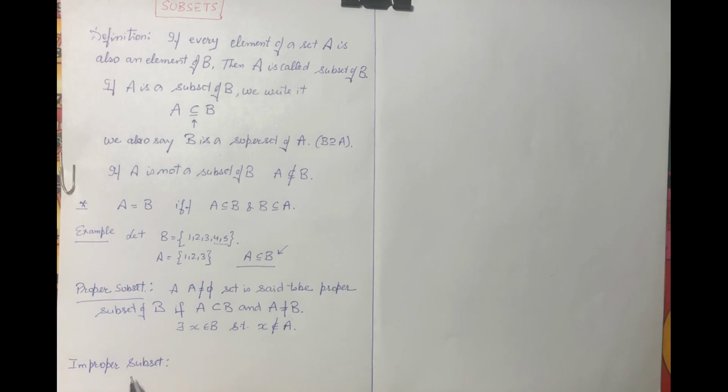Now improper subsets are trivial subsets. What are those? Phi and the set itself. Every set has two trivial subsets: one is the empty set, another is the set itself, and these two are called improper subsets.